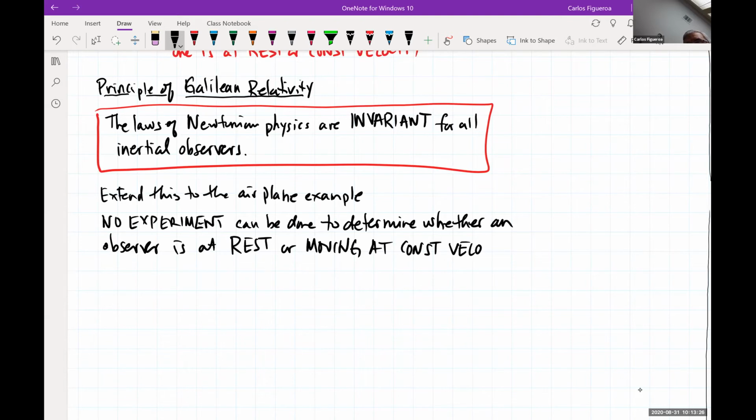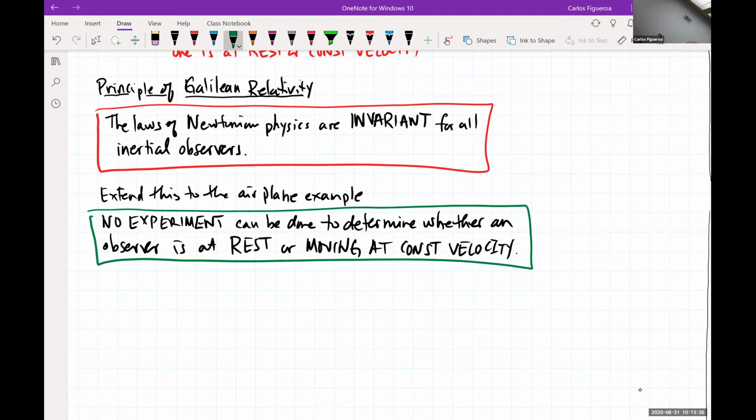No observer can do that. This is such an important concept. You can't do a single experiment to determine whether you're at rest or moving at constant velocity.